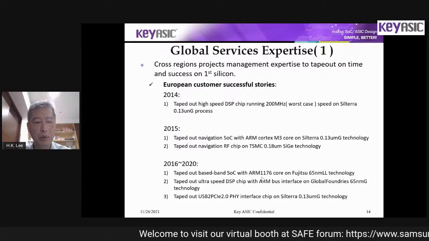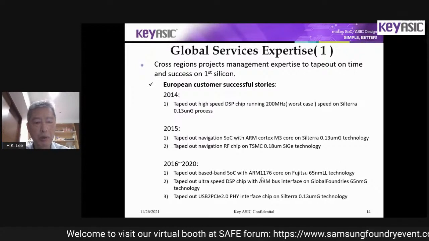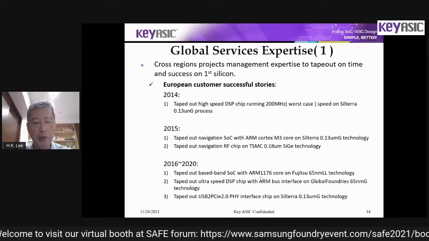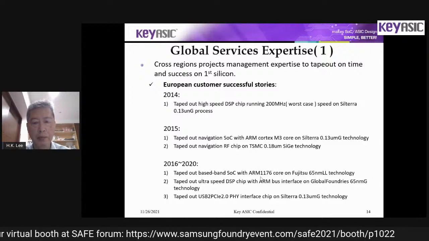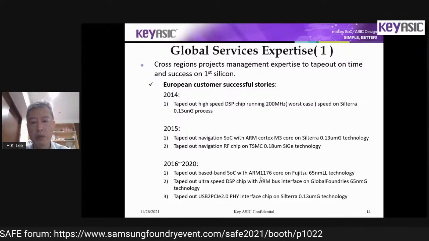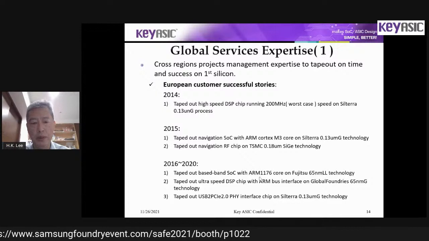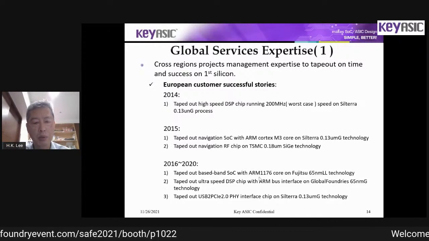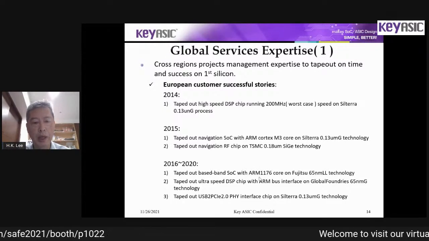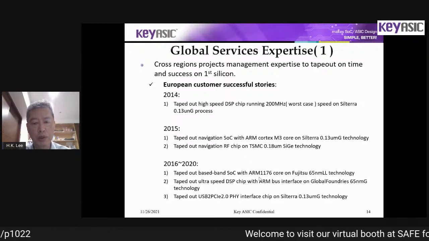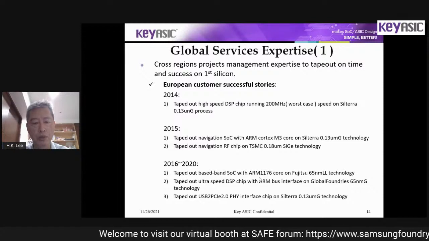And in 2015, we taped out two chips. One is a navigation SoC, including an ARM Cortex-M3 core, on Stera 130 nanometer process. The second chip was a navigation RF chip, designed on TSMC 180 nanometer silicon germanium technology.